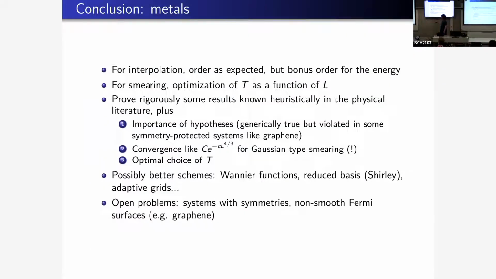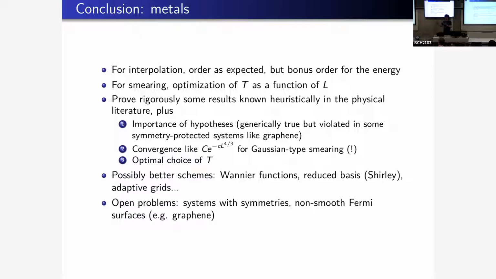Okay, first conclusion of this part. We've proven things essentially as expected. Insulators are easy, metals are hard. Metals are easier when you have non-degenerate assumptions on the shape of the Fermi surface. If you have a real Fermi surface, it's even worse.